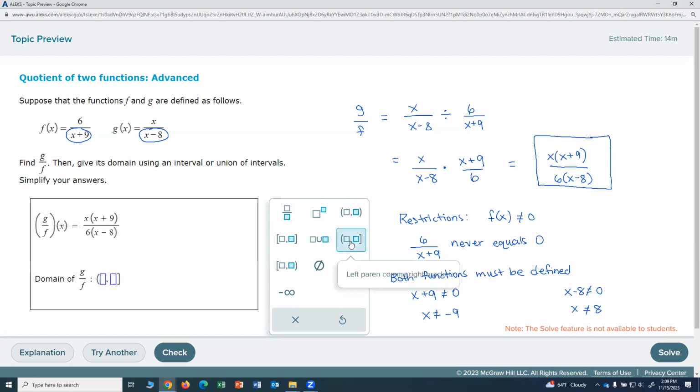And my domain will be parentheses, -infinity to -9, union -9 to 8, with parentheses to exclude the endpoints. And then 8 to infinity.